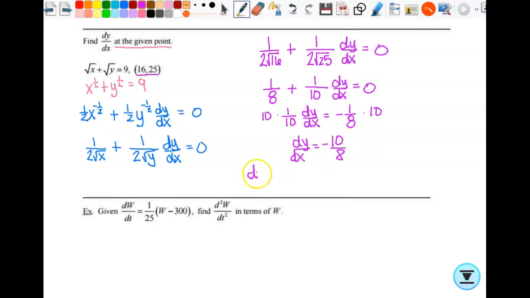So that means that dy/dx evaluated at (16, 25) equals negative 5/4. So anytime you know you're going to evaluate it and it didn't just straight up ask you for dy/dx, it's a little bit more efficient to just take the derivative, clean it up a little bit, but don't worry about solving, substitute it in, and then go forth and solve. Okay? What questions you got?